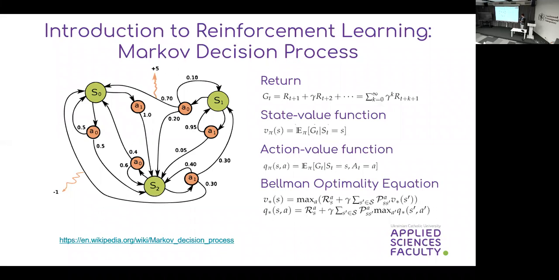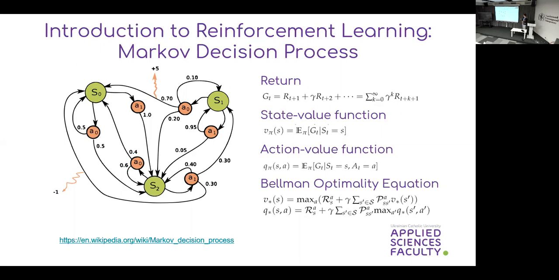We have the state value function and action value function that is the value that is describing how good is the current state or how good is the action that we can take for the current state. We have the action value function with the star that shows the best, the optimal action value or state value function.